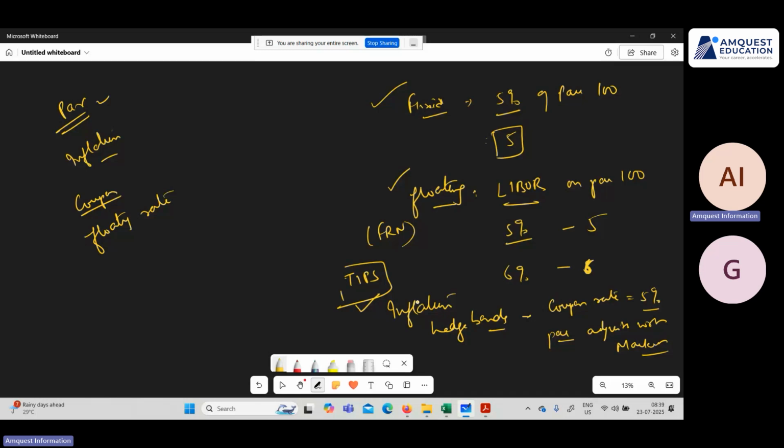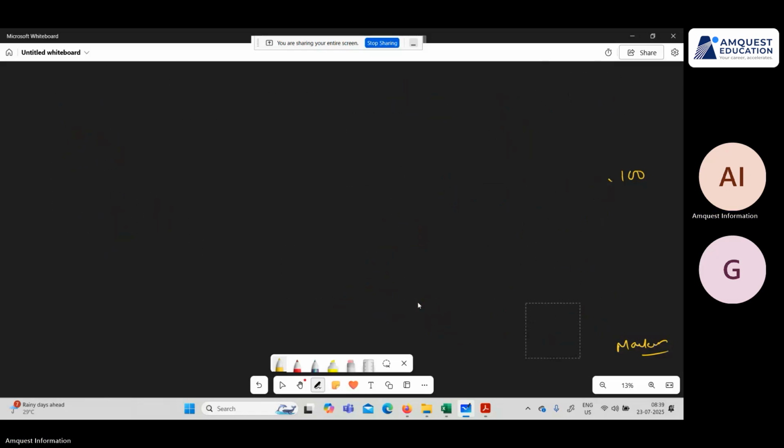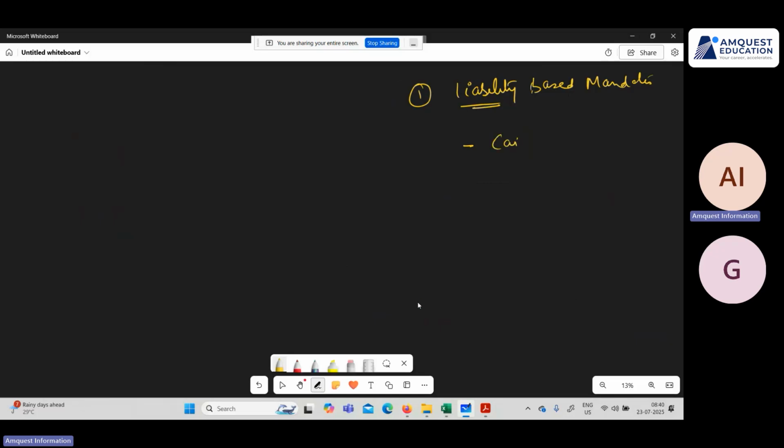They talk about what are the different kinds of fixed income products that you see in the market. They say that the different kinds of products are, one, liability based mandates. The name explains that your objective is to match something with respect to liability. Okay? So your mandate is to meet the liability, and to meet the liability, what are the different products you can have? They say one thing that you have is cash flow matching.